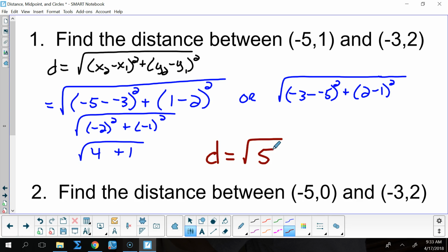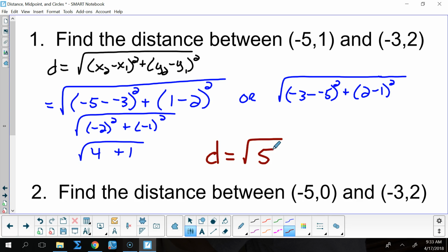In terms of answers, distance is a number, and we like your numbers to be in simplified radical form. So I would look at the square root of 5 and say there are no perfect square factors in there, so I'm going to leave it be the square root of 5.